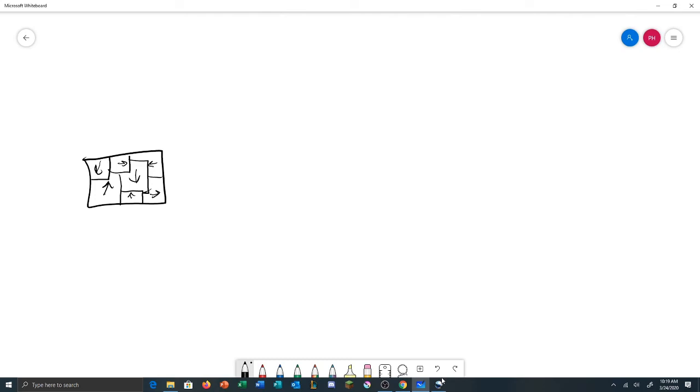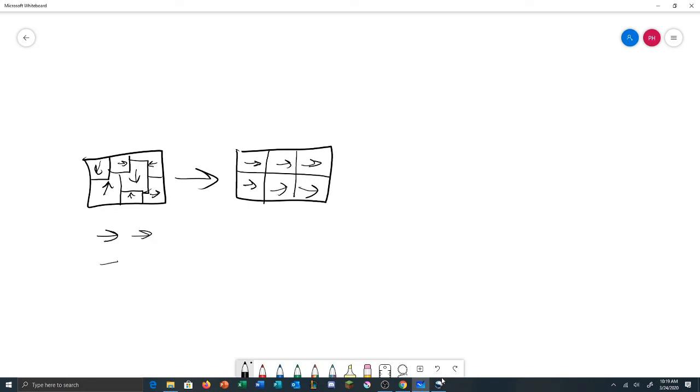But if you were to put it against a magnet where all of its domains are facing the same direction, all of these domains would now switch to being that direction. So all of these arrows would go to face the same direction as the magnet's.